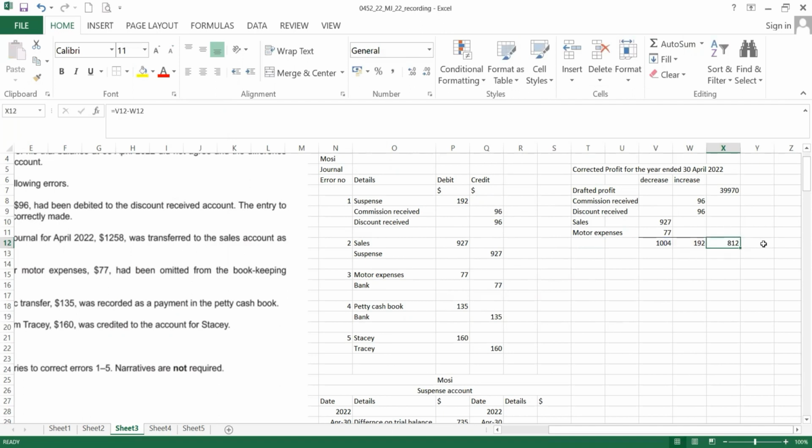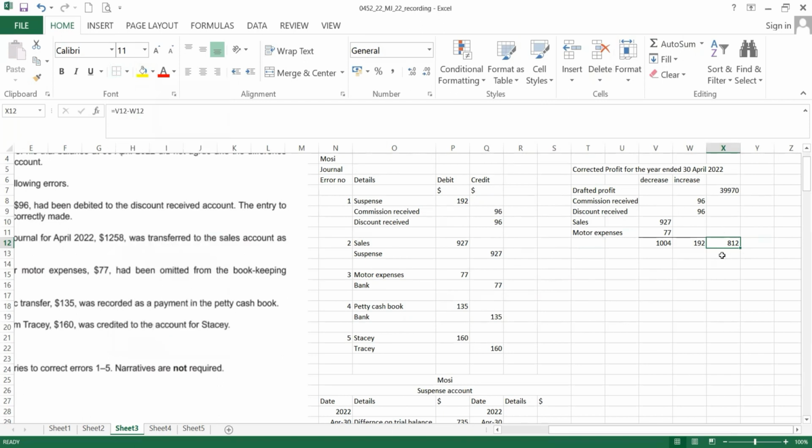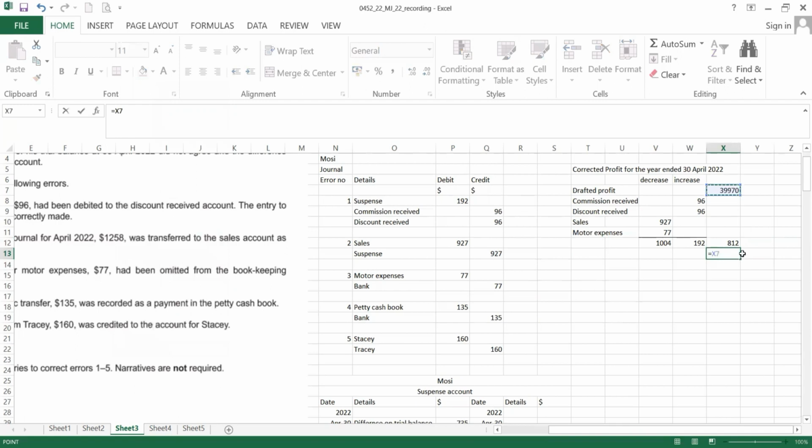So this one is a decrease, so we have to minus. Take this amount minus this amount. So what else is the information that we get?